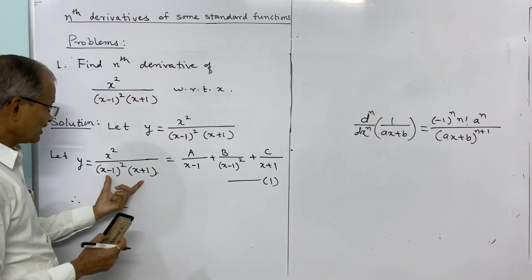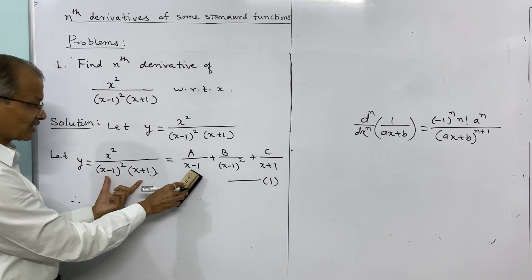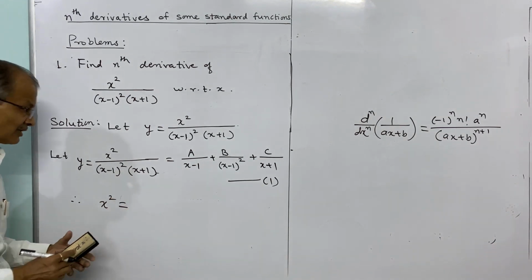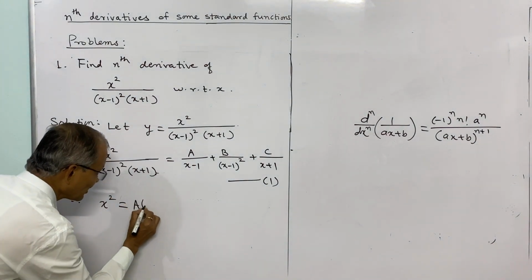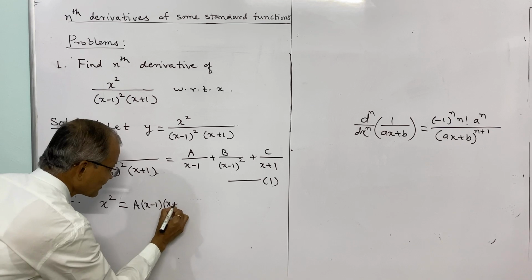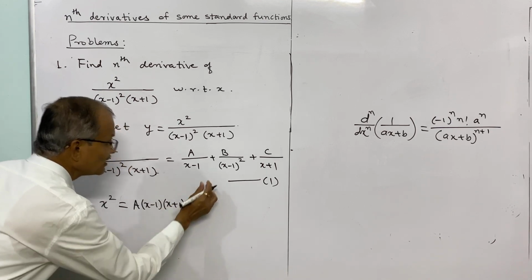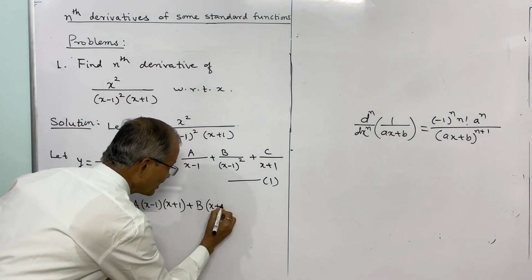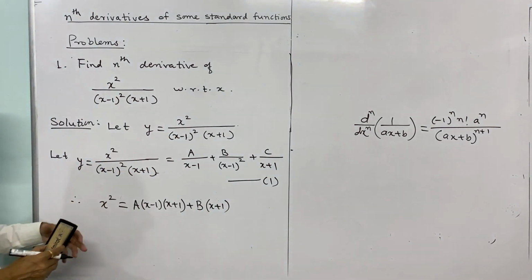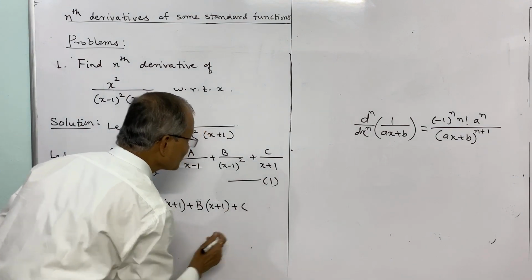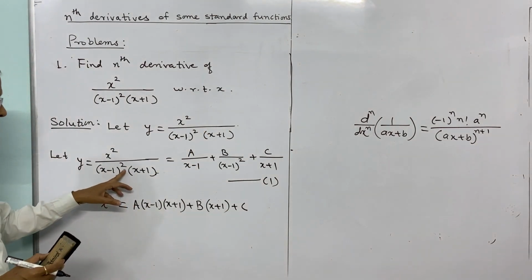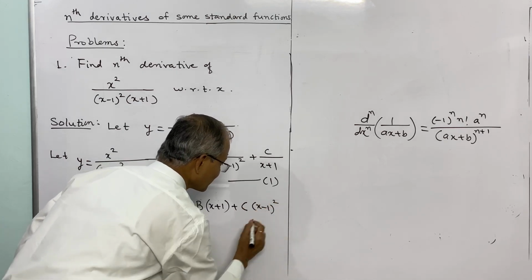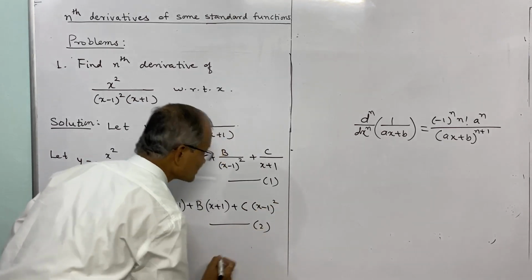Here a has only x minus 1, so a is to be multiplied by x minus 1 into x plus 1, plus b, which is to be multiplied by x plus 1. This is the arithmetic part, you should verify this. And next, c is to be multiplied by the square of x minus 1, c multiplied by x minus 1 square. We suppose this as the second equation.